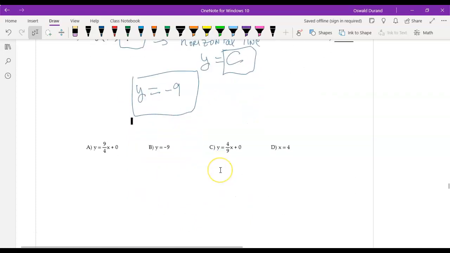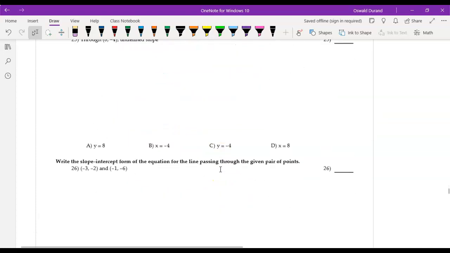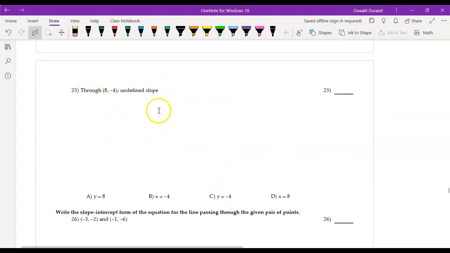But anyway, let's look at another one. This one is also important because here you cannot make any type of calculation because the slope does not exist, right? It's an undefined slope. So automatically you say to yourself, if it's an undefined slope, you have no choice, you have to remember it. It is a vertical line, right?